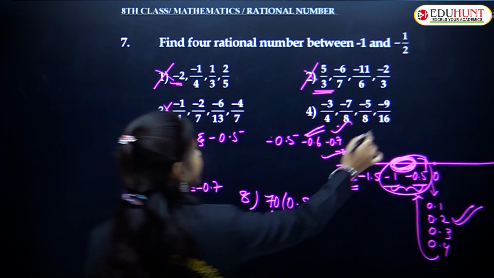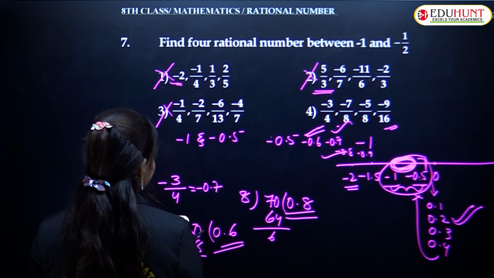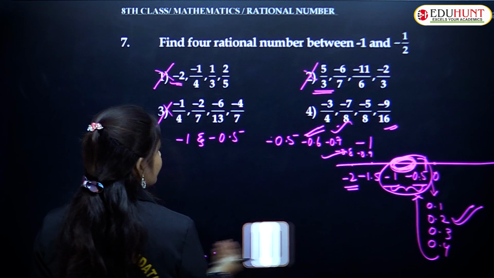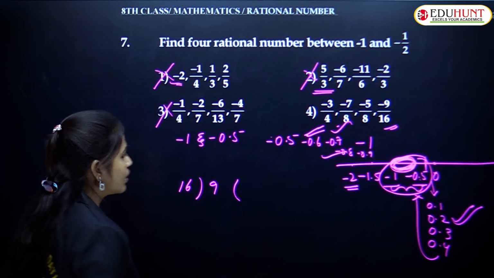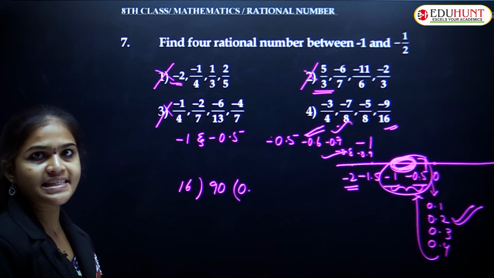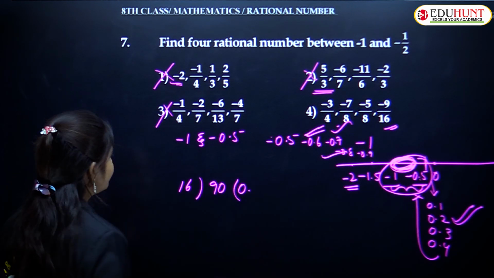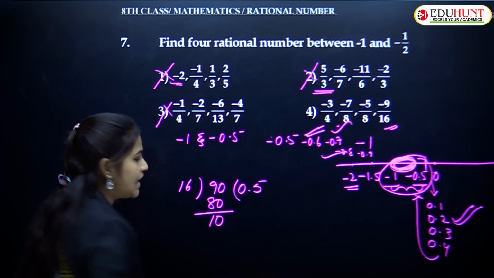Next we have to check the last number, which is 9 by 16. So 9 divided by 16. So 0 and here 0 point. 16 5s are 80. Yes or no? So the leftover 100 is there.